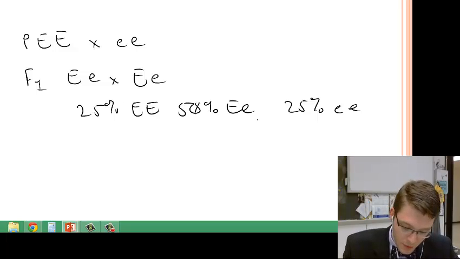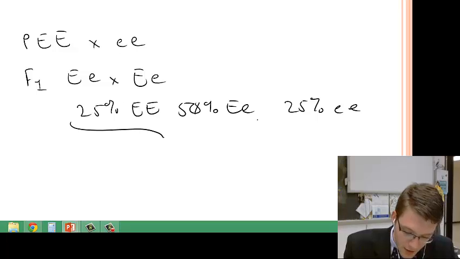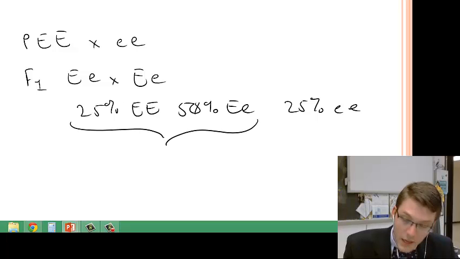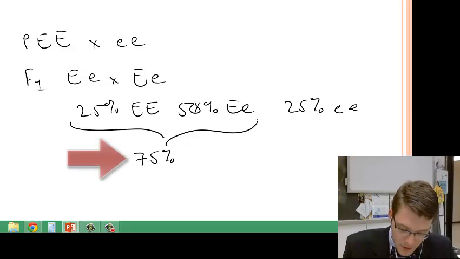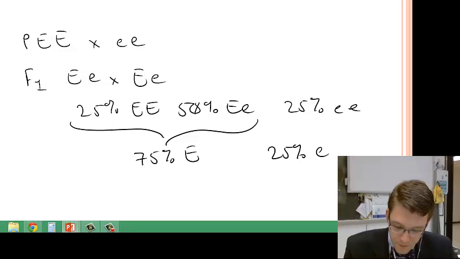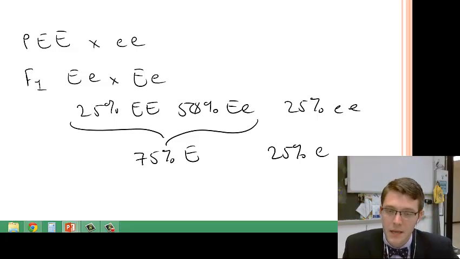But since we're only dealing with phenotypes in this question, we can lump together the homozygous dominant and the heterozygous, and we consider them to be of dominant phenotype, which I'll represent as just being a large E. So 25% of the individuals should be recessive phenotype.